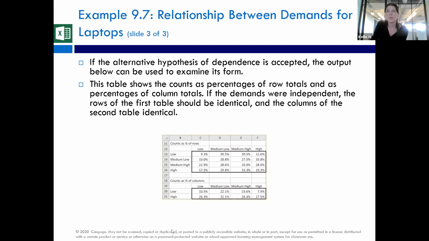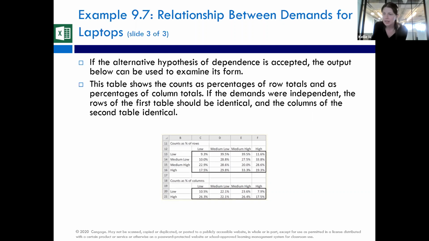So there's some evidence that there's some substitution going on, meaning when demand is high for one of them, then they just substitute with the other product, but it's not overwhelming evidence. And you can walk through this, this is example 9.7.